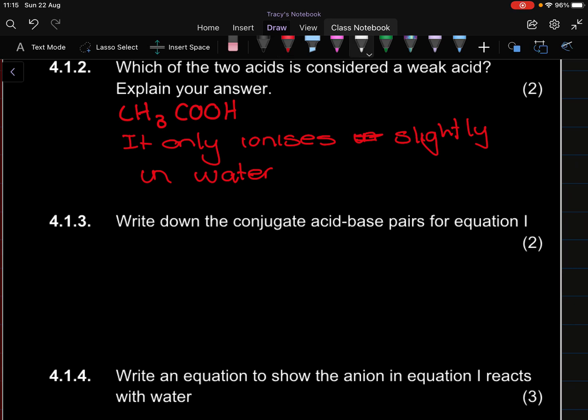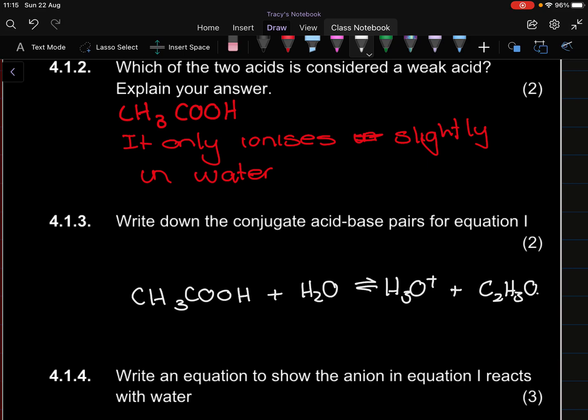So we're going to rewrite the equation. So we've got CH3COOH plus H2O, and they gave it to us with double arrows, so we're going to write them. Gives me H3O plus, now they wrote it out as C2H3O2, so write it as it's given. We've already decided that this is my acid, which makes this my conjugate base.